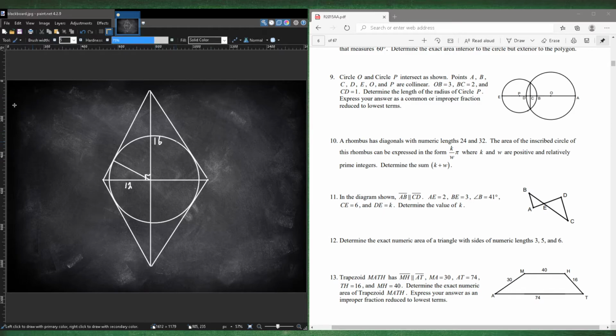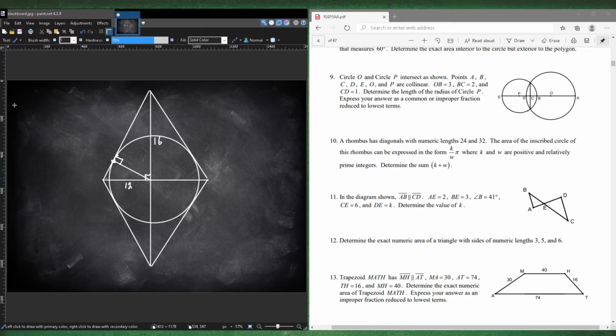Since the radius at this point is perpendicular to the tangent, it's 90 degrees. So we made an altitude to the hypotenuse. All we need to do is look for this altitude, which equals the radius of our circle, and then we can square it to get our area.